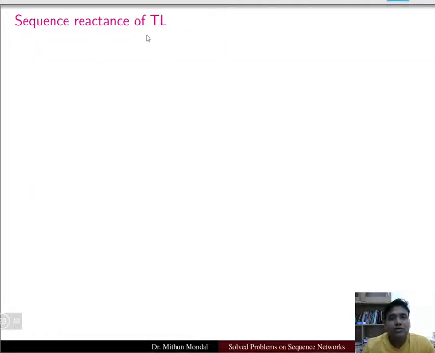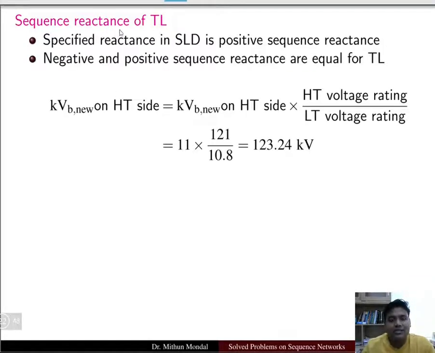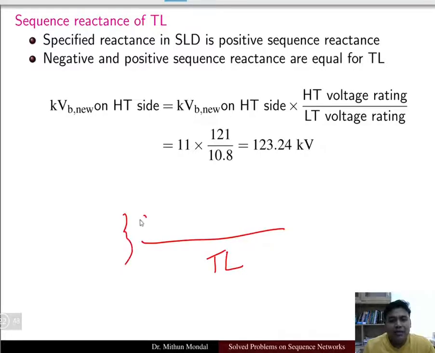Now we'll move to the transmission line. The transmission line's specified reactance is the positive sequence reactance, and since the transmission line is connected between two transformers, going from left to right the voltage changes from the old base to the new base.